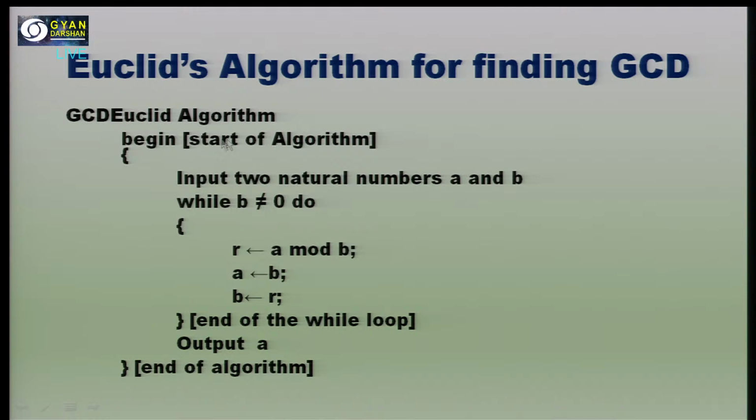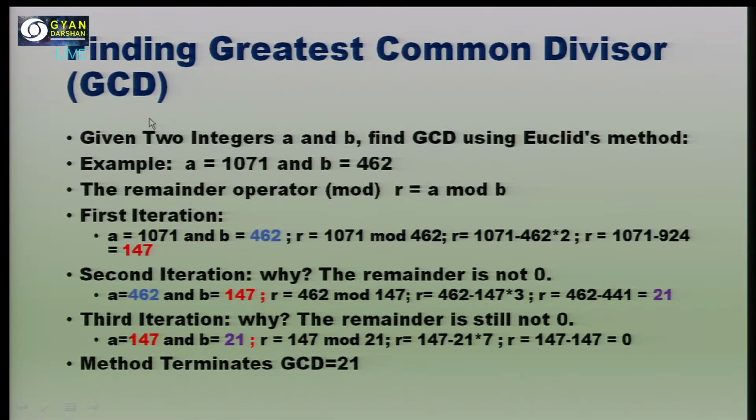To begin this algorithm, this is where we write pseudocode, closer to any programming language, but not in any particular programming language. So: input 2 natural numbers A and B. That's what you want to input. Then the next step is, you are performing several iterations here, right? Why are you performing those iterations? Because the remainder is not 0.